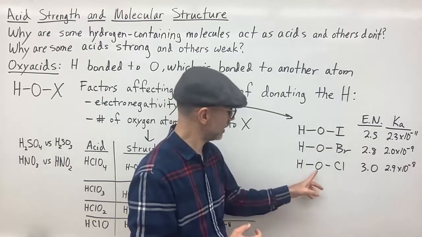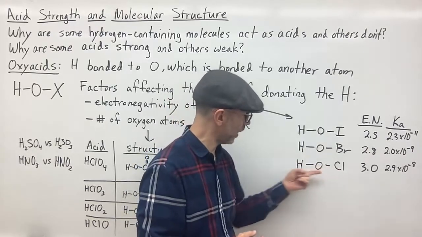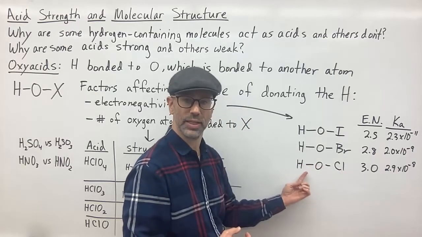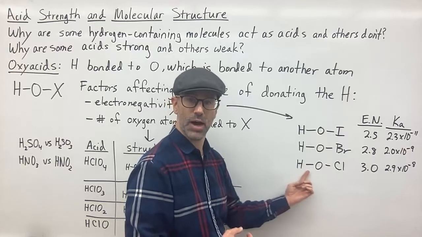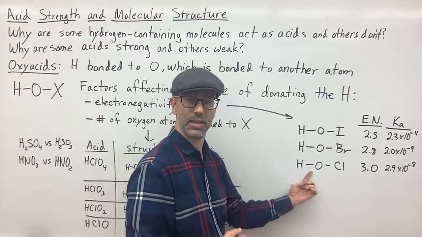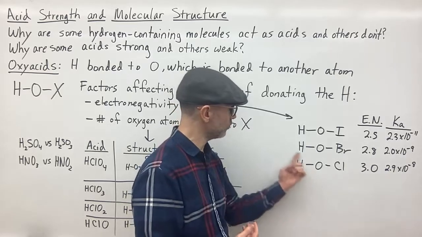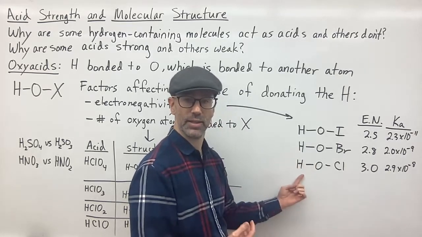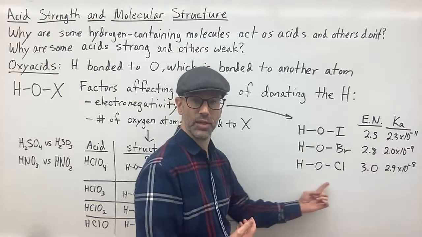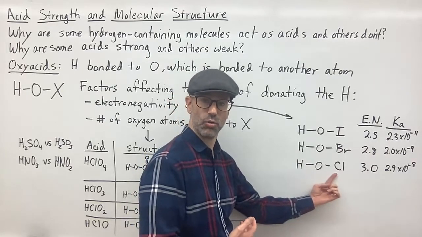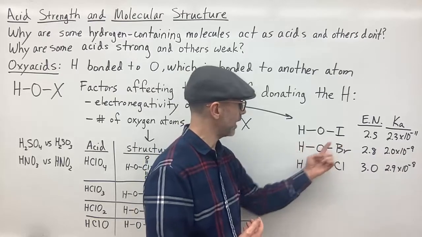So the electron density is going to be pulled towards the chlorine, lowering the electron density around this oxygen and making this bond here weaker, and therefore the hydrogen is going to be more easily removed. So you can donate this hydrogen more easily with the OH bond being bonded to chlorine versus iodine.